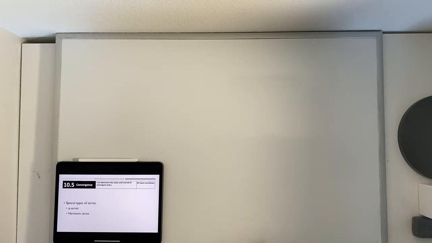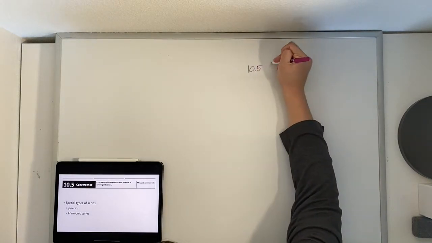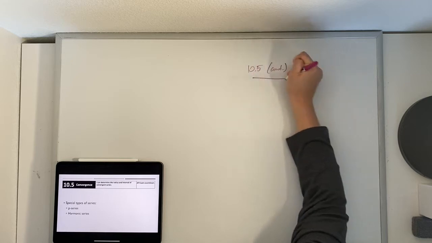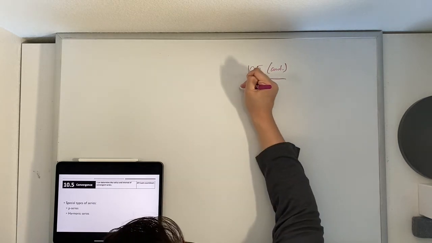But anyway, 10.5, continued. So again, this is going into your notes. The last thing that you will see or potentially see on this year's AP exam are special types of series.